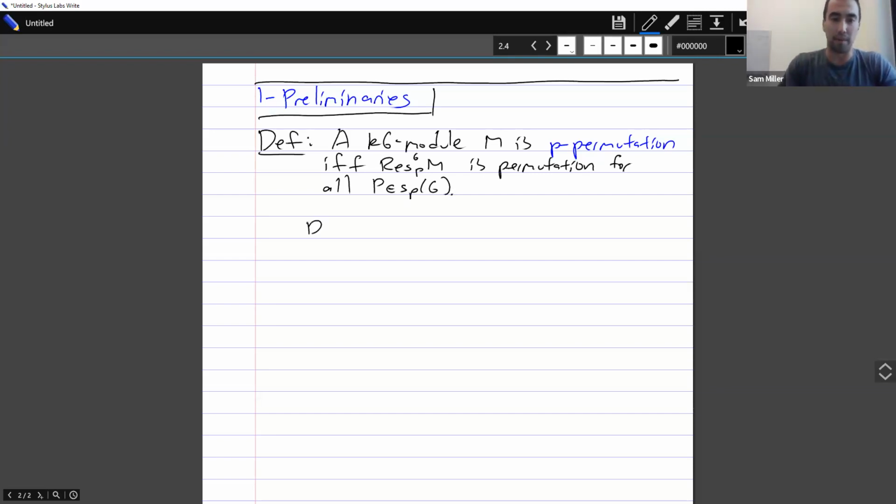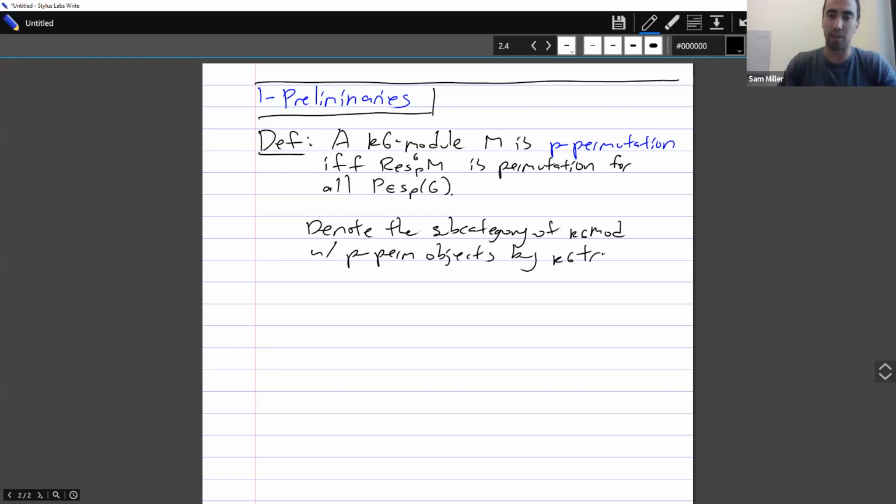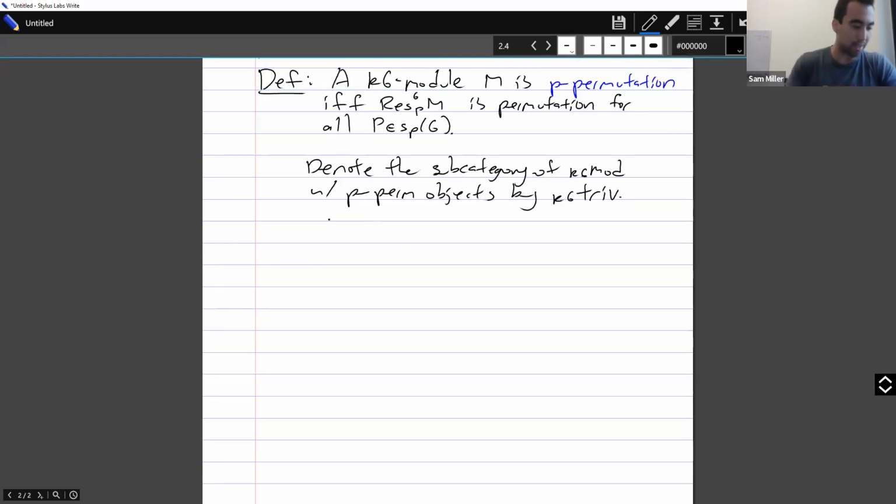And we denote the subcategory of KG mod with p-permutation objects by KG triv. And why triv? Well, I'll get to that in a bit. So you can say this is A.